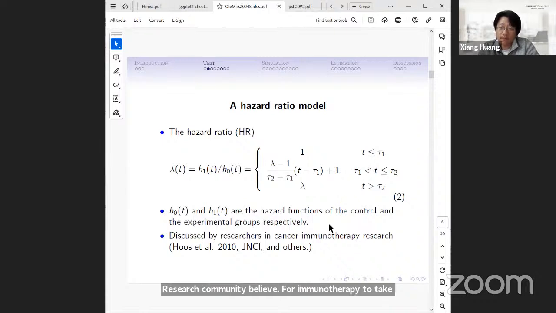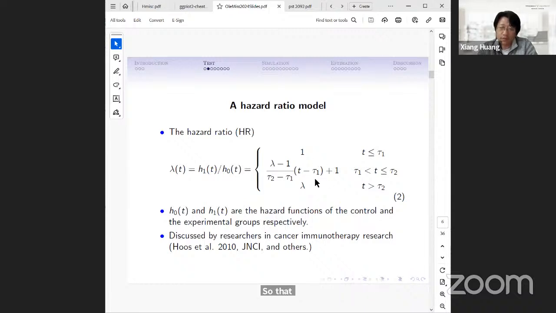It's not like the treatment effect will jump directly from 1 to a certain number. It may build up gradually. So that's why we consider these models, so that the hazard ratio changes continuously from 1 to lambda.